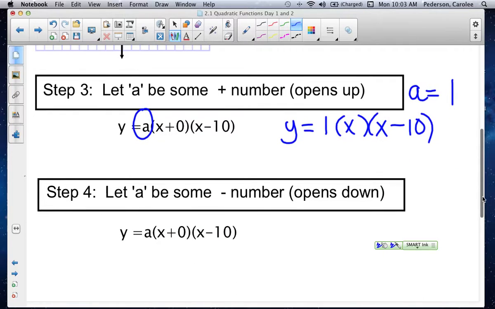Now, let a be some negative number, so then the parabola opens down. Just make up an a value that's negative. What do you want for that one? a equals negative 3. So now I substitute in negative 3 for a.